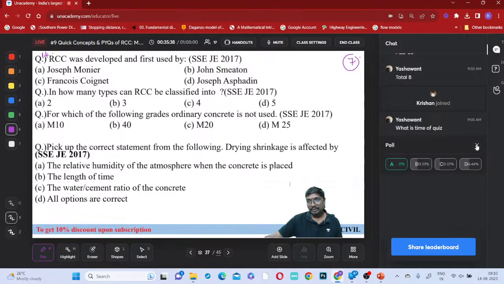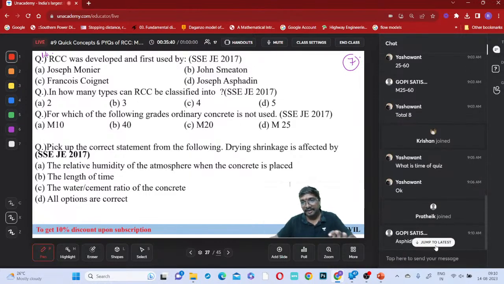So here, who is that? If you just observe here, I'll write. Don't worry. This Francis Coignet developed it for the first time. What has this fellow given? Iron reinforced. He introduced it for the first time. Joseph Monier introduced steel reinforced, or ferro steel reinforced.